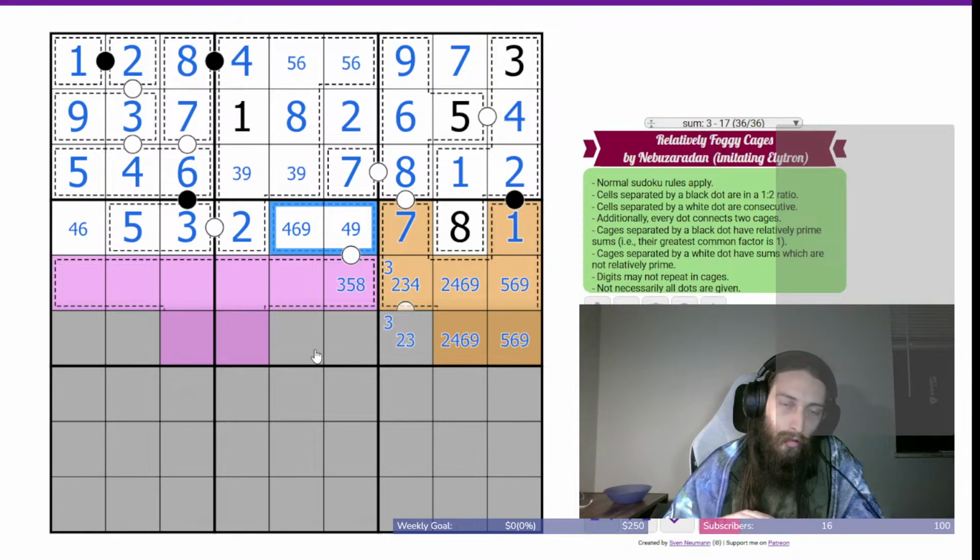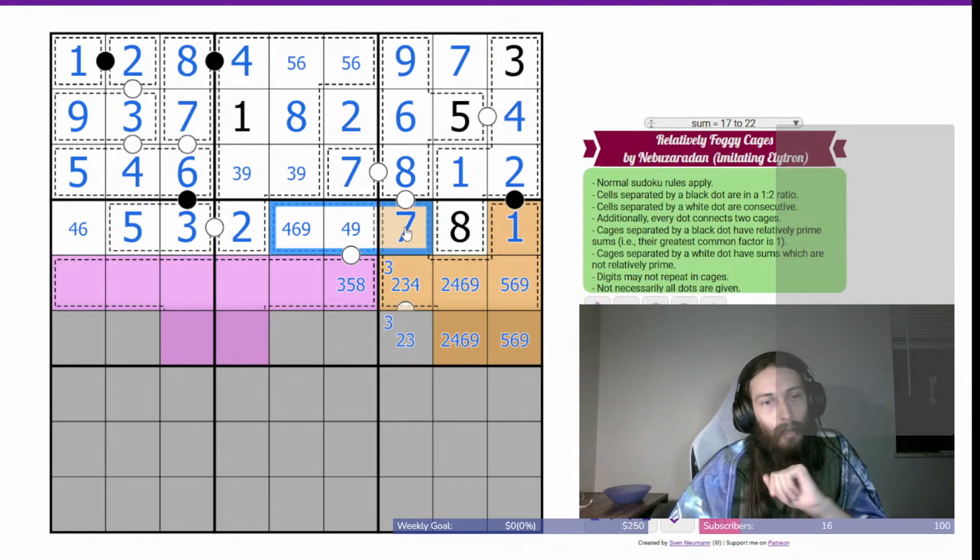15's easy, and so is 10. Except it has to have a 9. Because this is 13 or 15. Right.